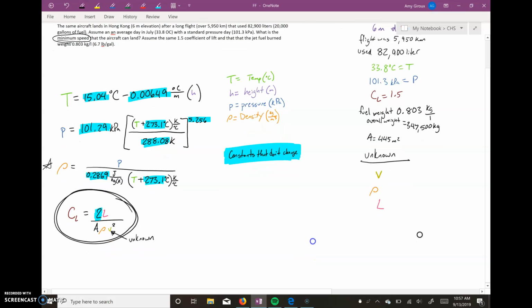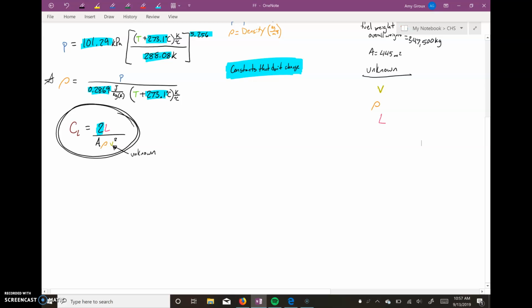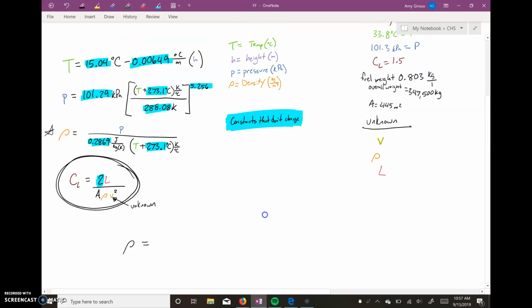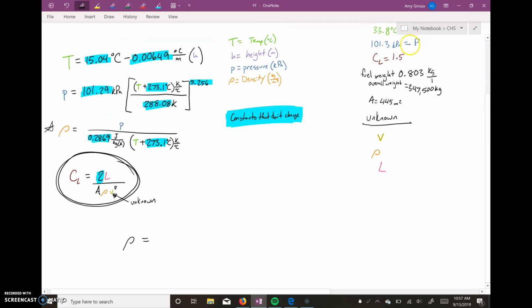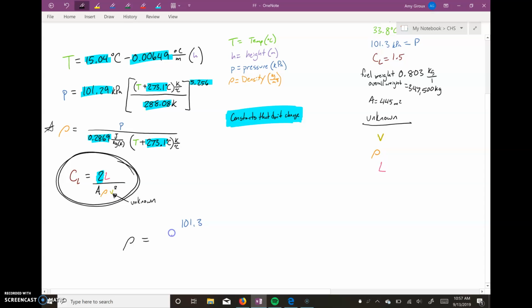First let's go with our rho. We have our equation right up here. Rho is equal to our pressure, our 101.3, so this is our blue value. Underneath it, we have a constant, so these don't change at all based on any of our questions.